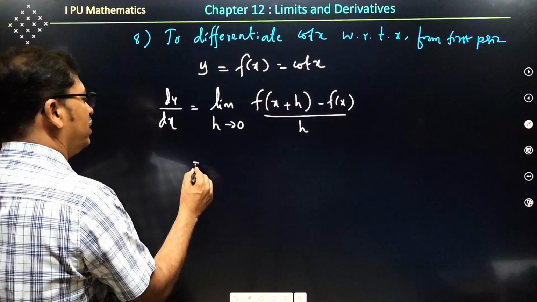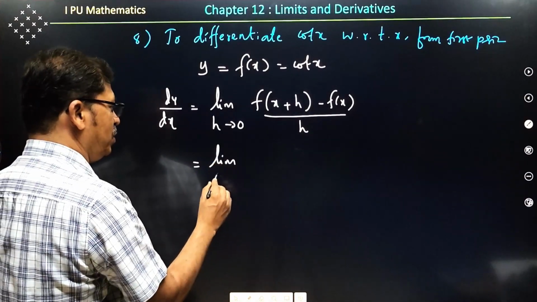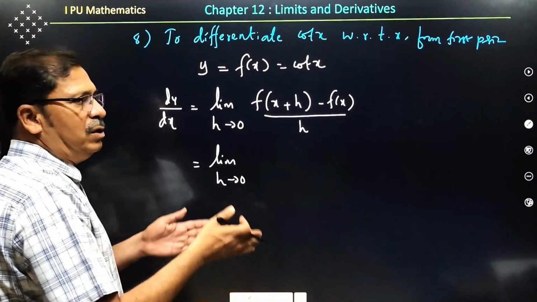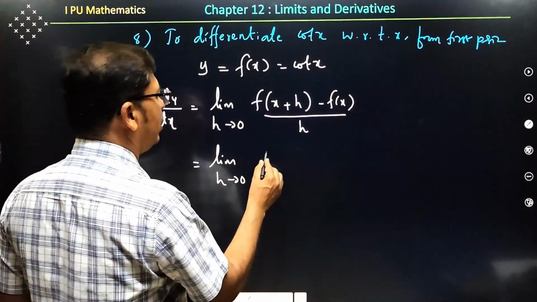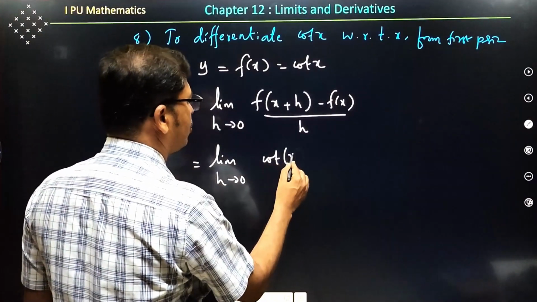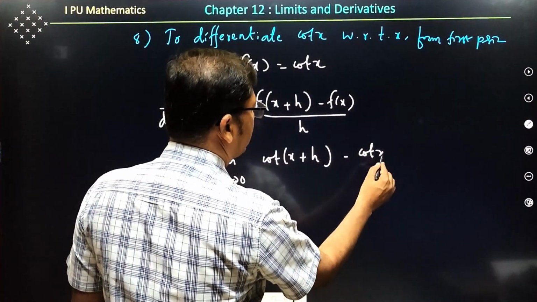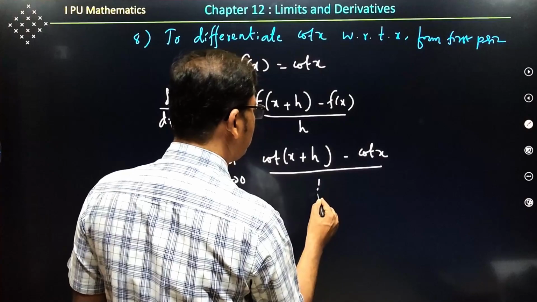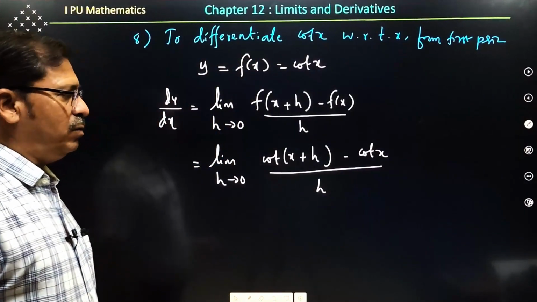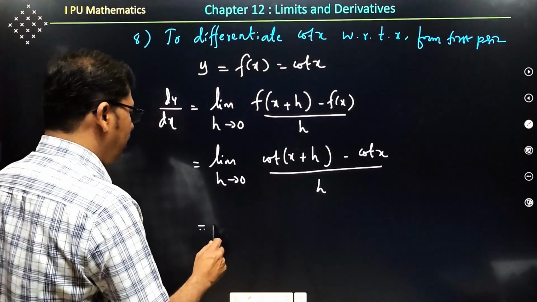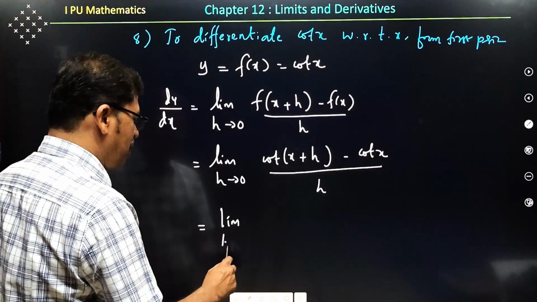Let us substitute the values here. Limit h tends to 0, f of x plus h is given by cot of x plus h, minus f(x) is given by cot x, whole divided by h, you can write it. Now the numerator can be written as limit h tends to 0.